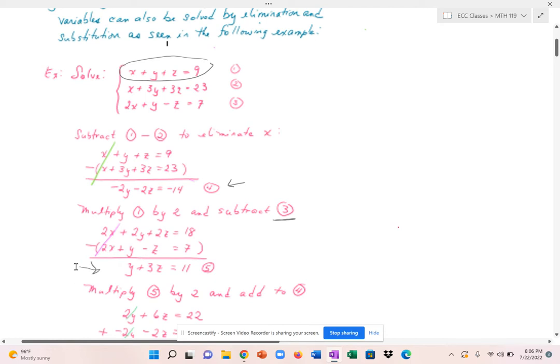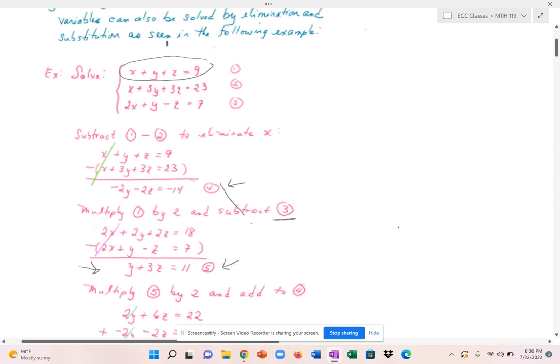The y's become 2y minus y, which is y, and the z's 2z plus z becomes plus 3z, because remember you're distributing that negative. And then 18 minus 7 gives me 11. So I've labeled this equation 5.